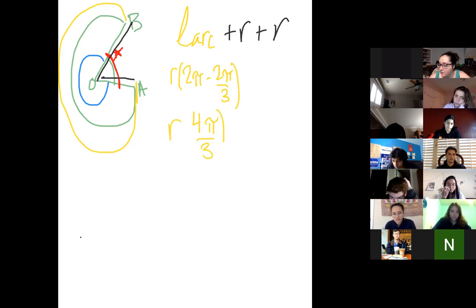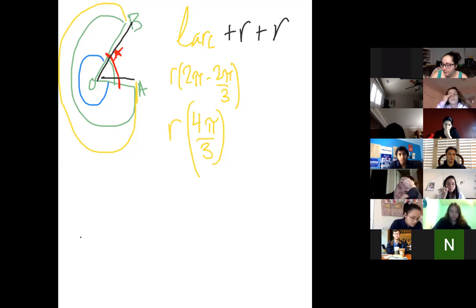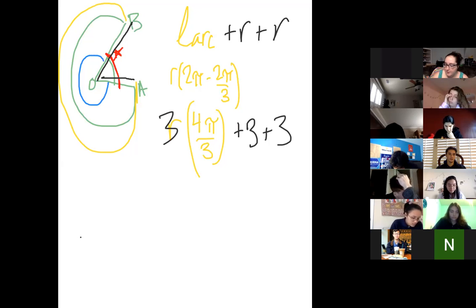If not, you just do that step now. Same number of steps, really. You're just doing more in a different area. Plus our radius, which is 3. So what you end up getting is 4 pi centimeters for this part.